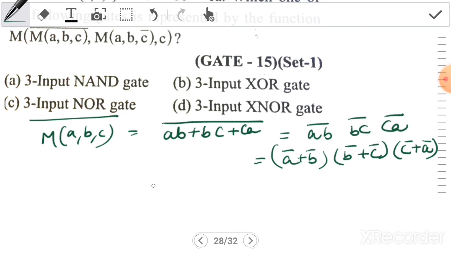So if you expand, you will get A complement B complement, A complement C complement, and B complement C complement.